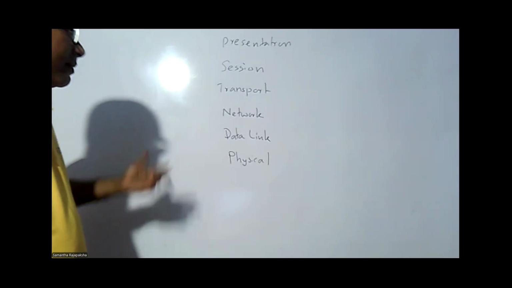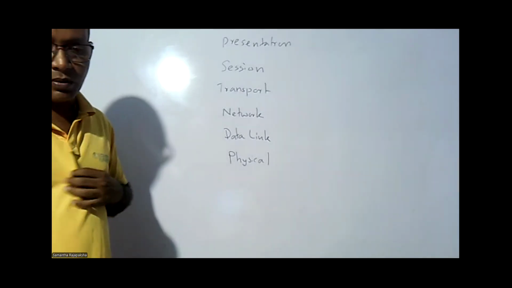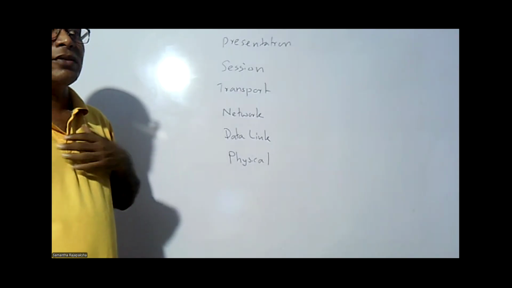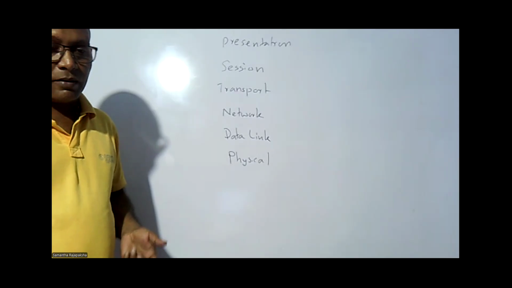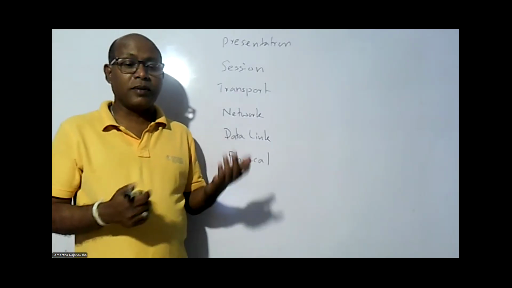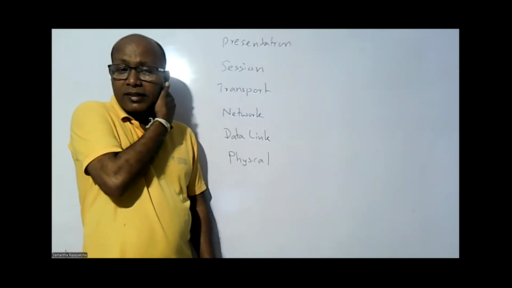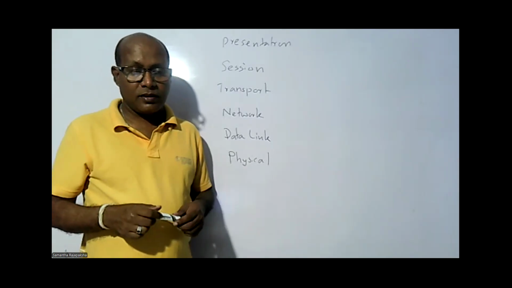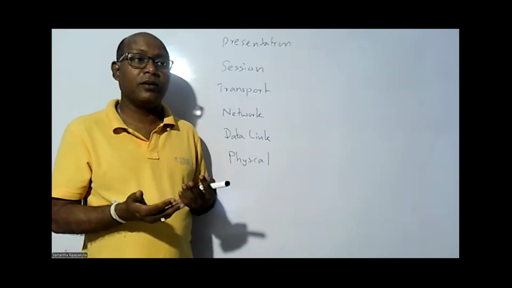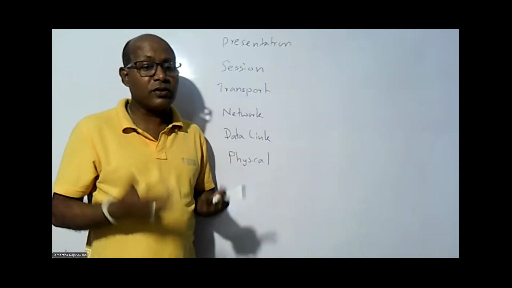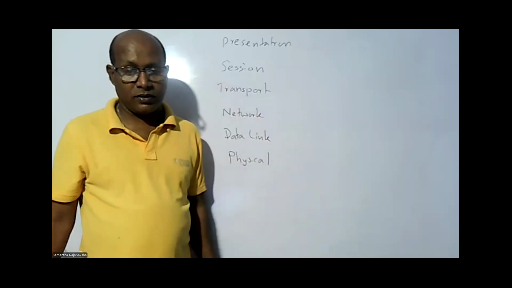It is the same as when you submit a letter to the post office. Once you hand over the letter to the post office, we don't go and see how they are going to send the letter to the destination. We don't care how they do the grouping or the packaging. You just hand over the letter, that's all.